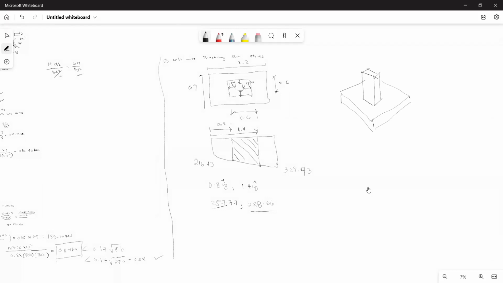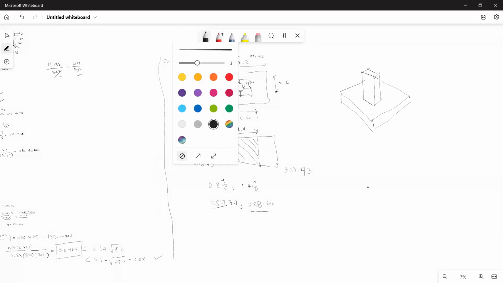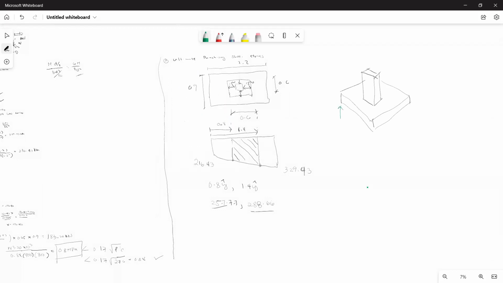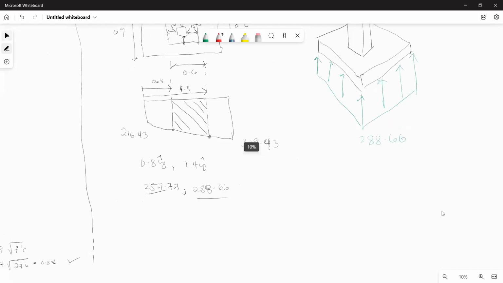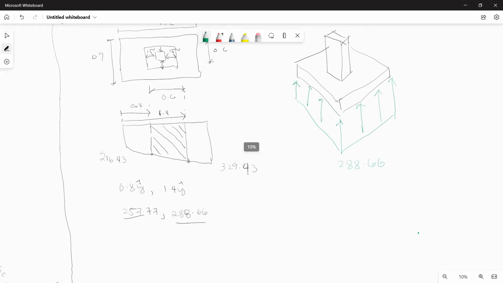Then yung pressure mo sa ilalim is trapezoidal. Lakihan ko na siya. Itong pressure na to is 288.66. And itong point na to, siya yung 257.77.